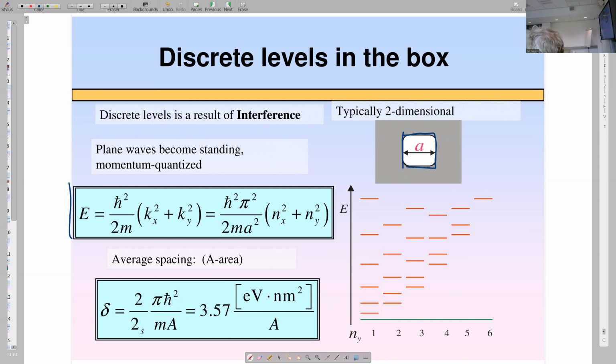And the energy of the levels, which is kinetic, we don't assume any potential at the bottom, will be given by discrete wave vectors in the x direction and y direction. So that will give us a spectrum, some constant, and these numbers.